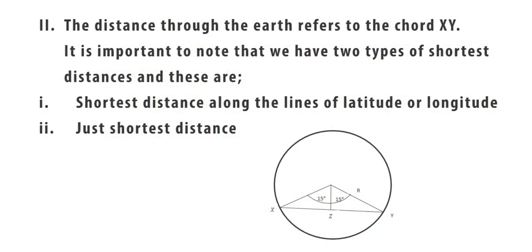Let's look at the second part of the question. We are to find the distance through the earth, and this distance is referred to as the chord between X and Y. It is very important to note that we have two types of shortest distances, and these are: 1.